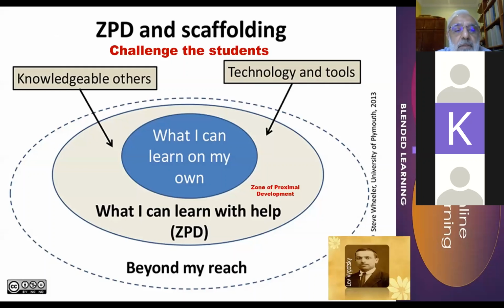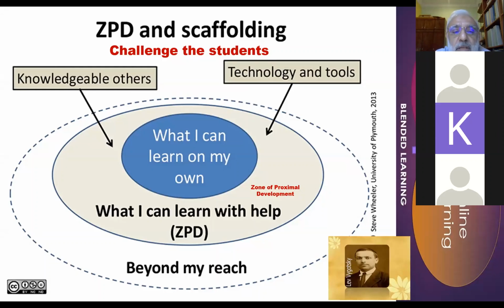This is the zone of proximal development, which was presented by the Russian psychologist Vygotsky. According to this, there are 3 zones or 3 levels of learning.